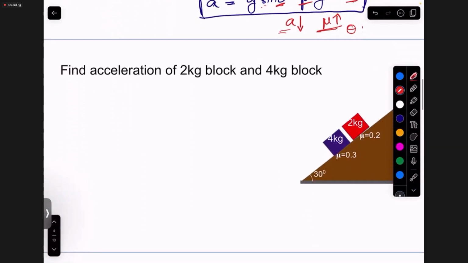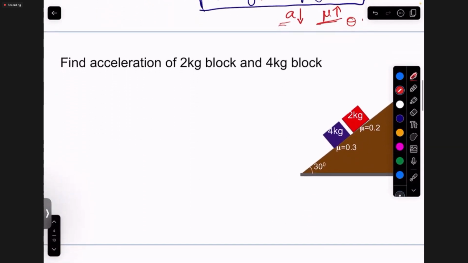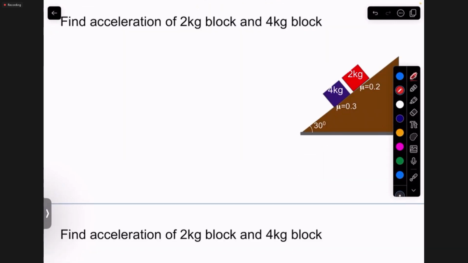Now the next problem we will see. If I'm taking these two blocks here, the first question you can ask is why there are two mu values for the surface. I am considering two blocks.